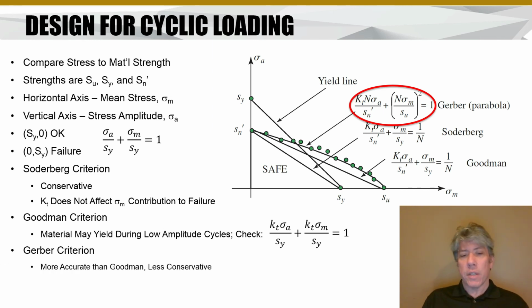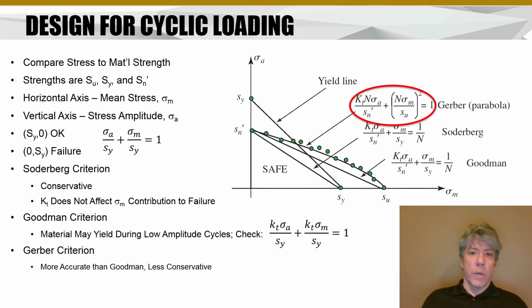So it's more accurate than the Goodman, but it's obviously less conservative because it has a larger region that's considered safe. I didn't draw this section. You can kind of see it there, everything under that parabolic line. There are other failure theory lines as well. ASME has one, and in that what they do is they basically use the Gerber parabola, but they replace SU with SY, and they actually square the first term as well.